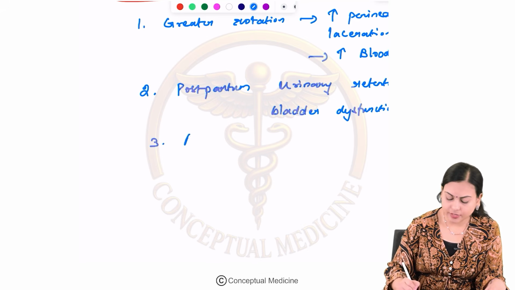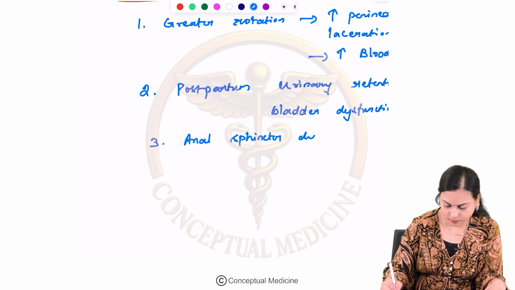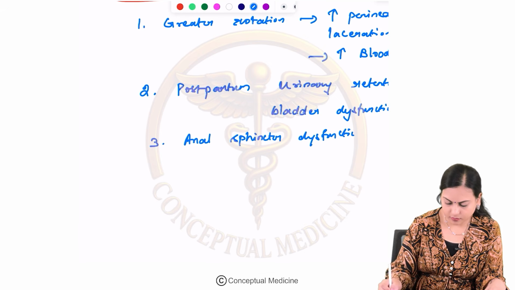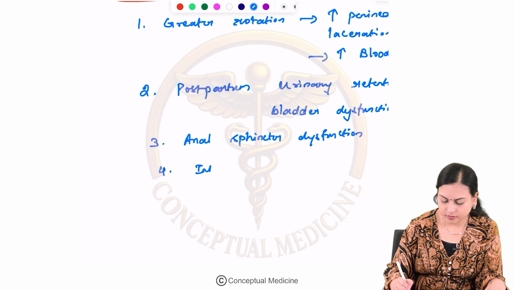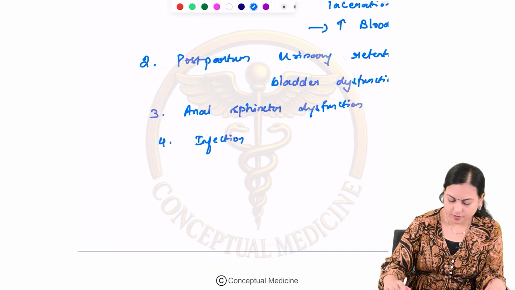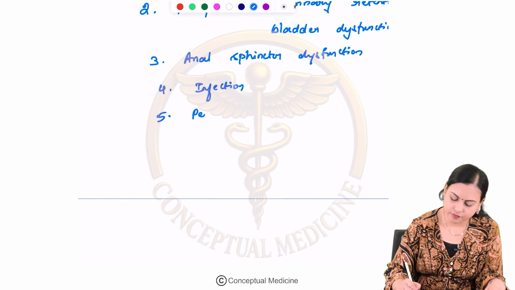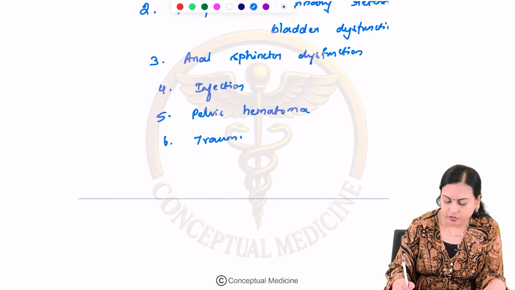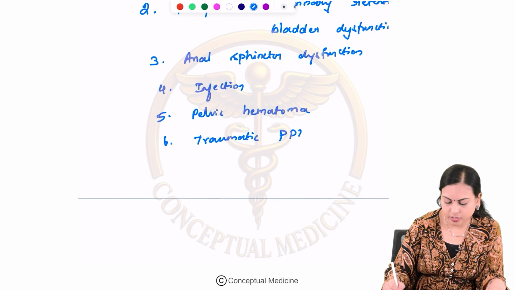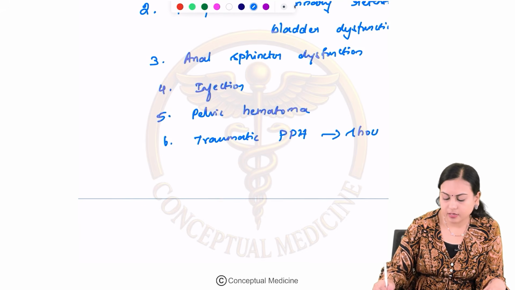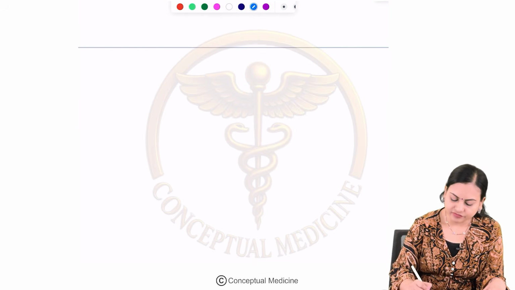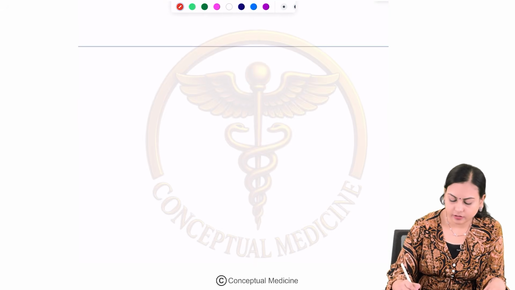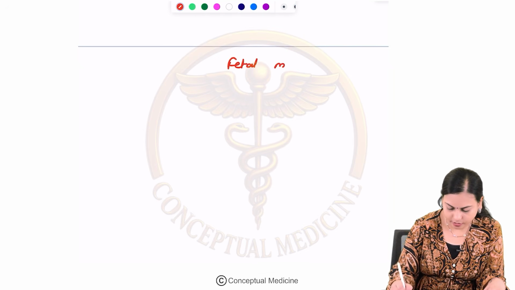There can be anal sphincter dysfunction as well. Infection, pelvic hematoma, and there can be chances of traumatic postpartum hemorrhage that can even result in maternal shock. Clear? And what are the fetal morbidity conditions we can expect?